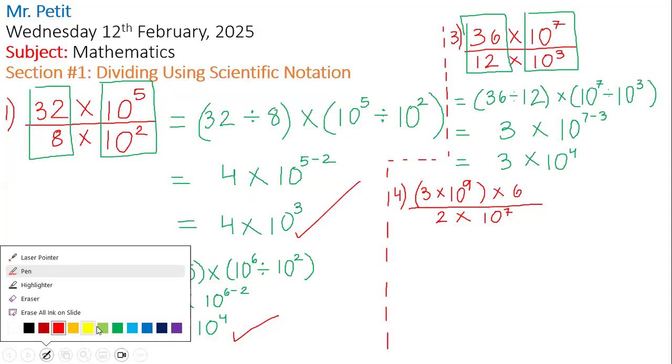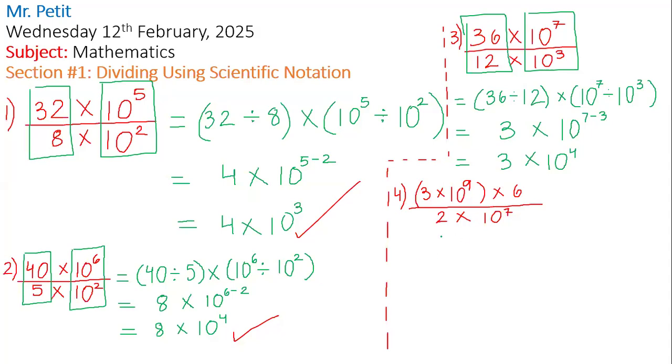It's going to be equal to 3, we group the 6 and the 2, so we have 3 times 6 divided by 2.